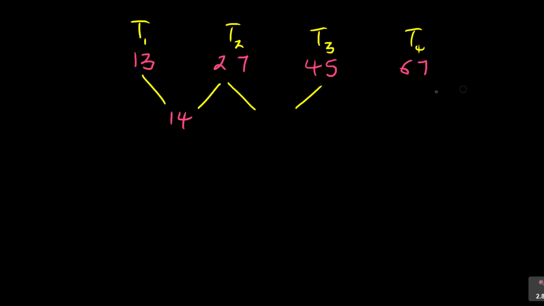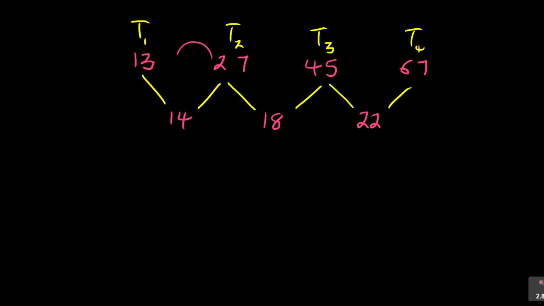I'm getting 22. So it was 18 and this one was 22. Remember, we are subtracting the second from the first, or the next one from the previous one. So 27 minus 13, 45 minus 27, 67 minus 45.